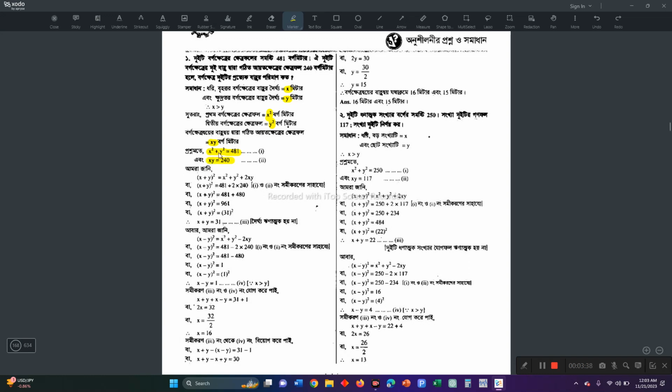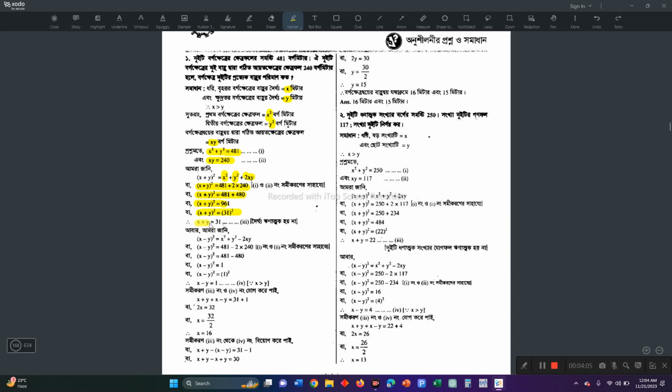Now we know x plus y whole square is equal to x square plus y square plus 2xy. As we know the value of 2xy and x square plus y square, we can put these values here, and merging this equation, we get x plus y whole square is equal to 31 whole square.